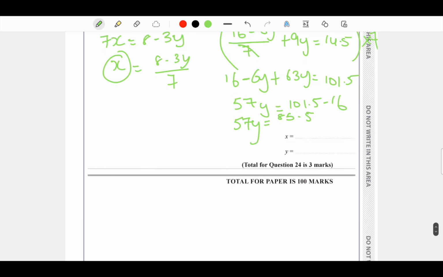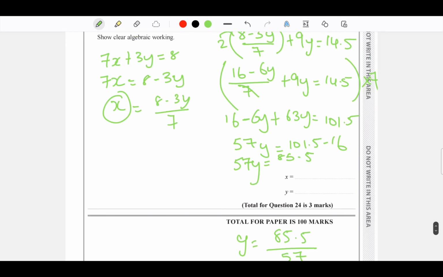And lastly, I'm going to bring the 57 to the other side, which means y would equal 85.5 divided by 57, and that gives an answer of y, which is 1.5.